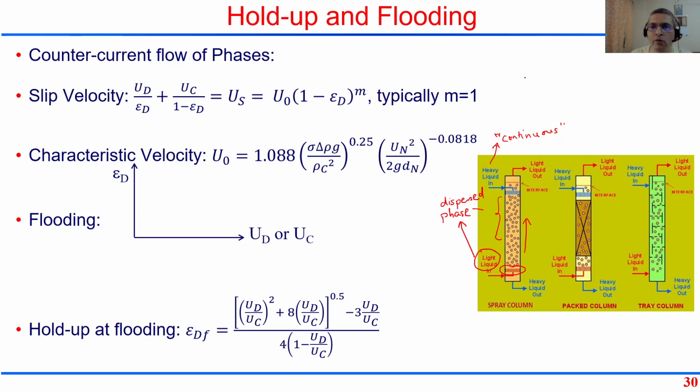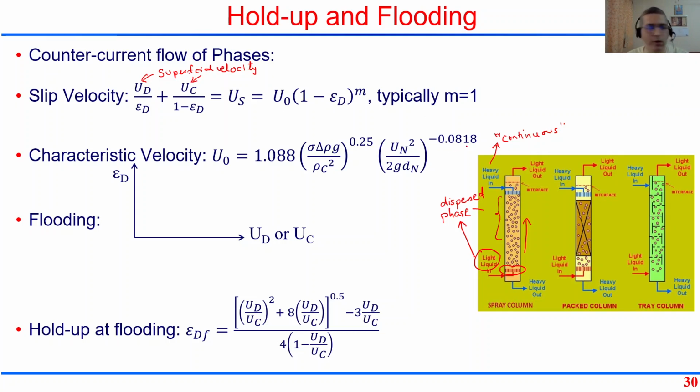So we are going to denote D as the dispersed phase, C as the continuous phase. We are going to write U as the superficial velocity. So UC is the superficial velocity of the continuous phase. UD is the superficial velocity of the dispersed phase.